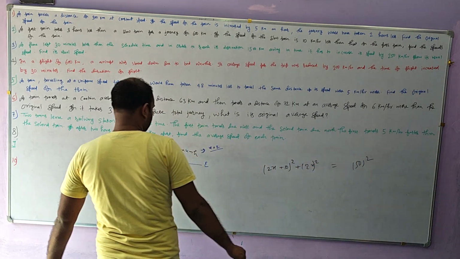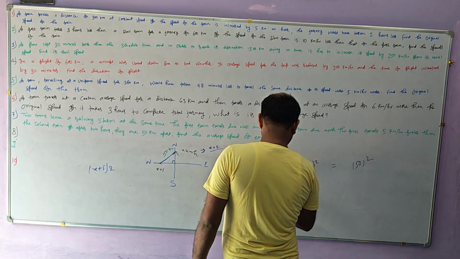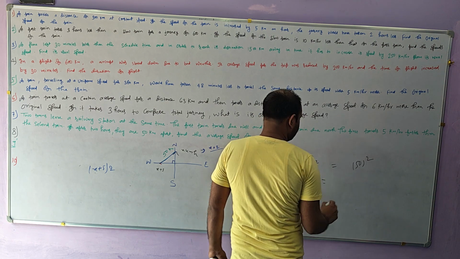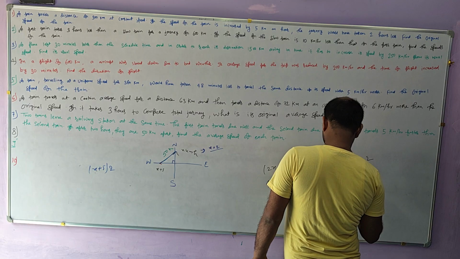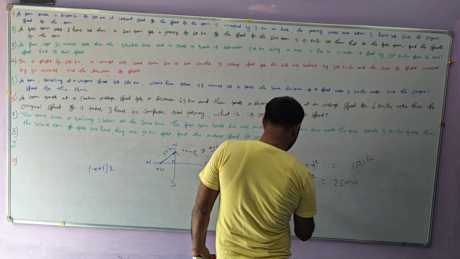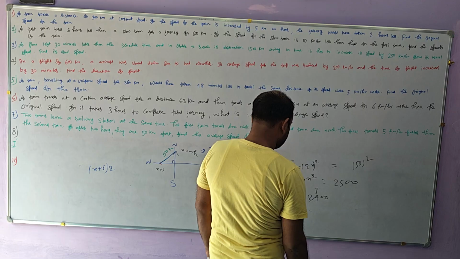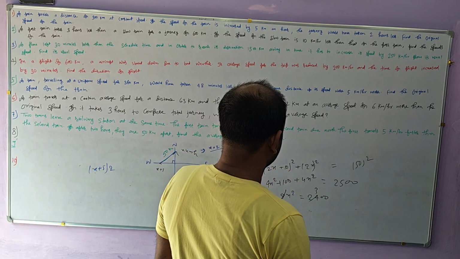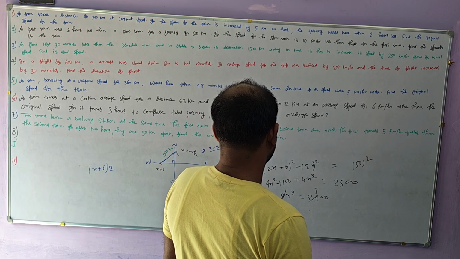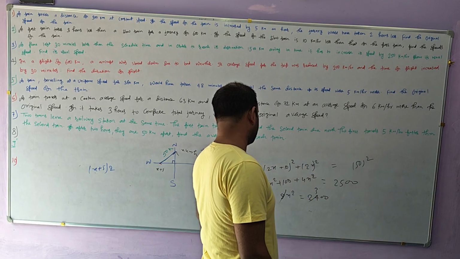That becomes 4x square plus 100 plus 4x square, that is 500. That becomes 8x square plus 40x, that is 4x square.